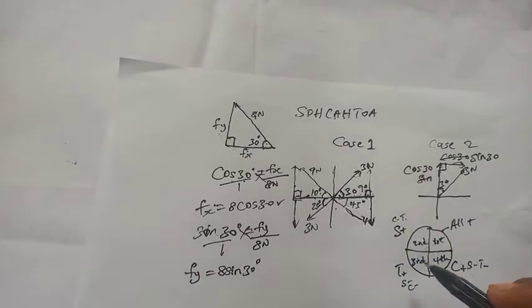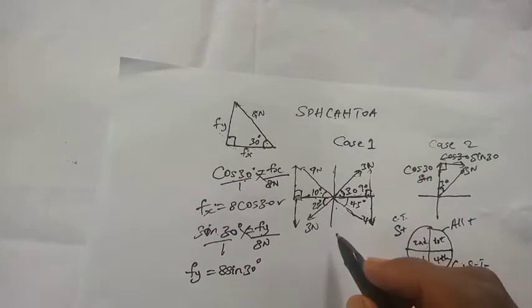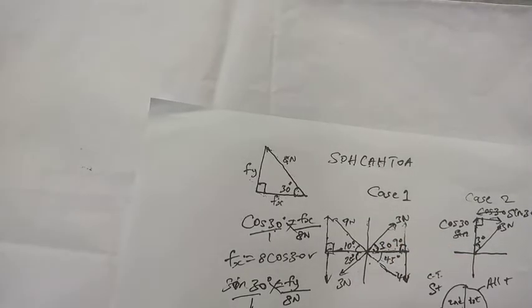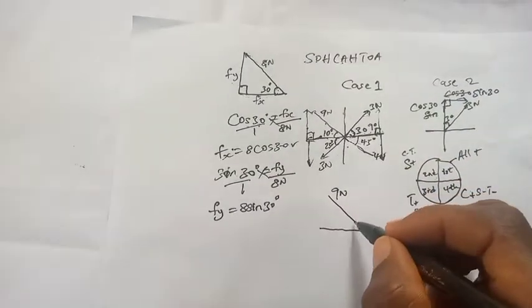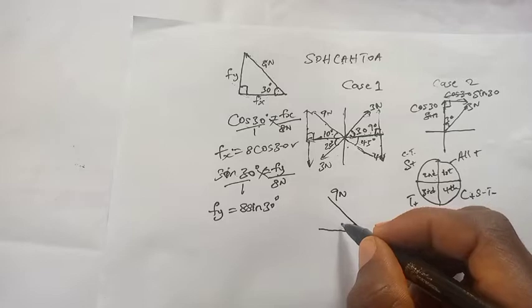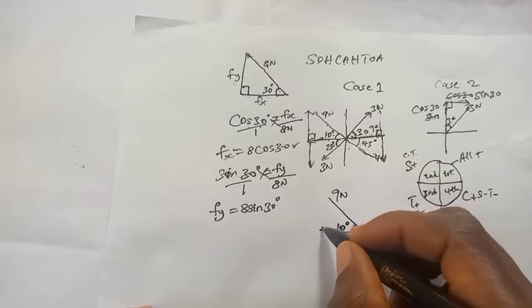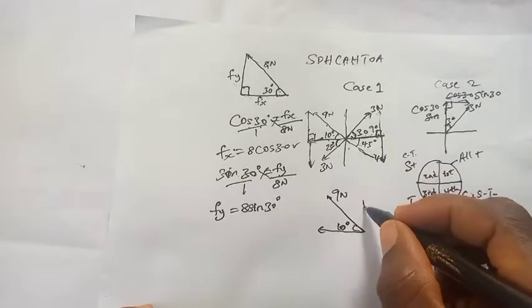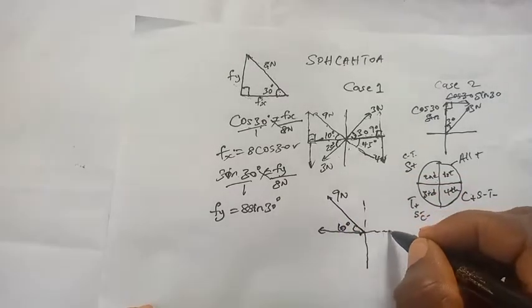So in these quadrants, we are going to use this method to resolve the angle. But remember, if you want to resolve this angle, let me draw it out. So this is 9 Newton, and this is 10 degrees, and this is our plane.